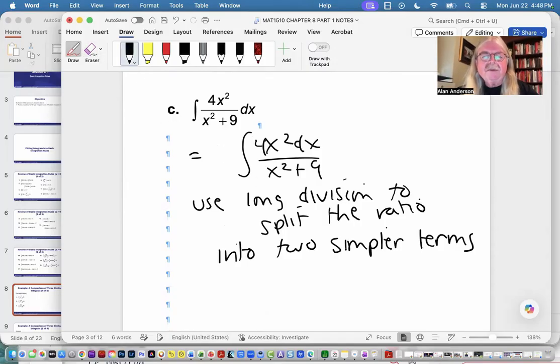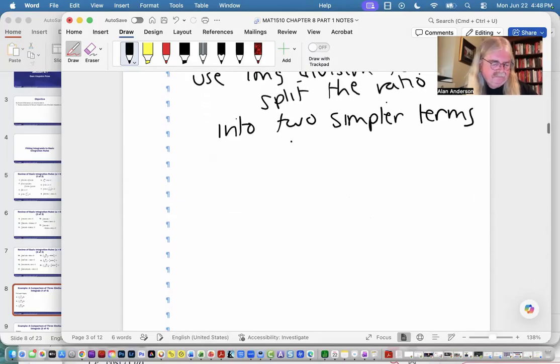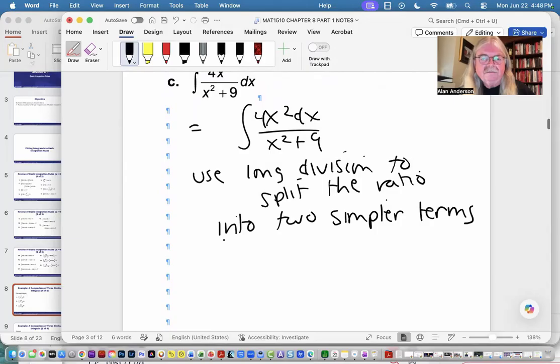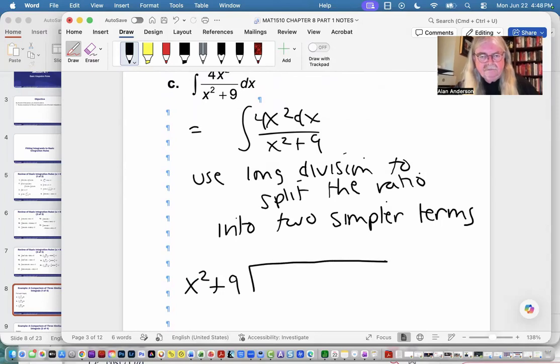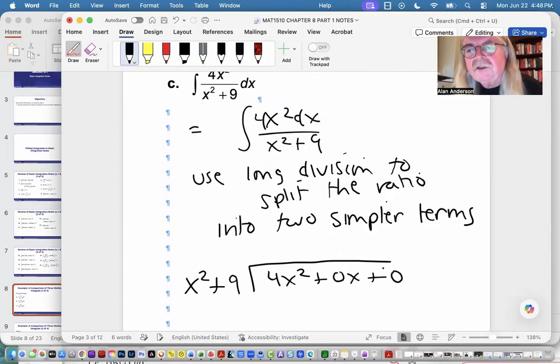So here's what's going to happen. You probably remember doing this in your travels. So it's essentially long division with polynomials instead of numbers.